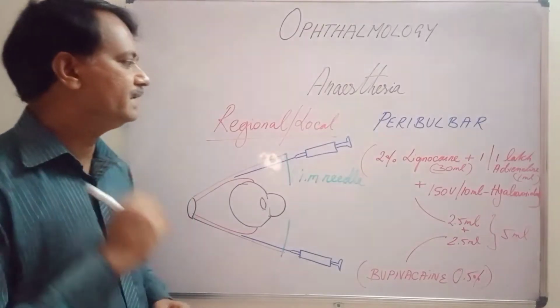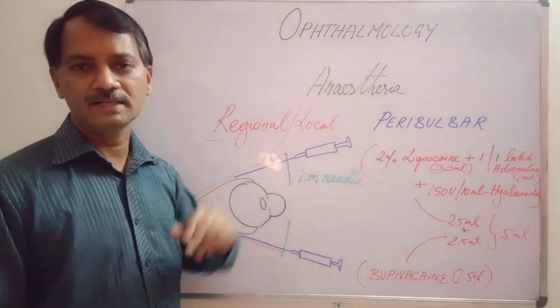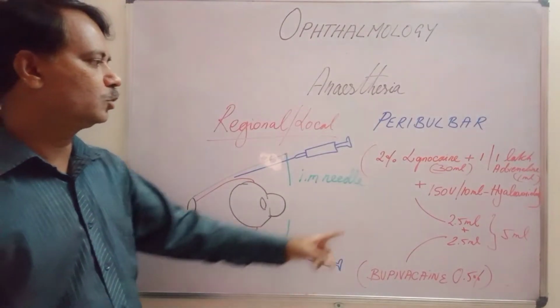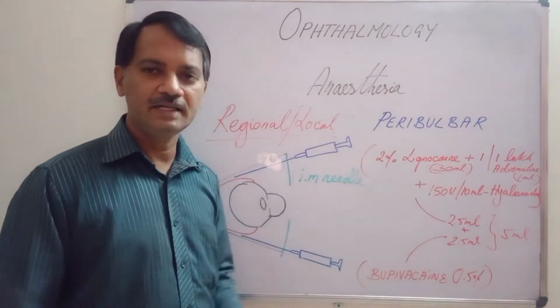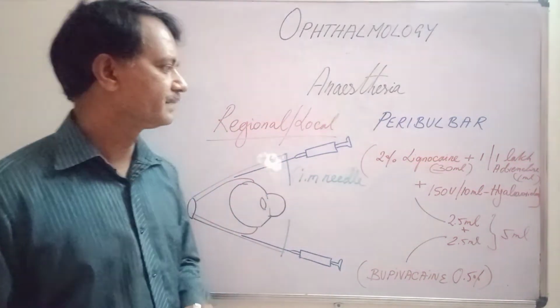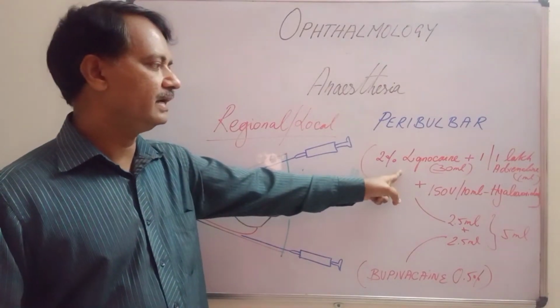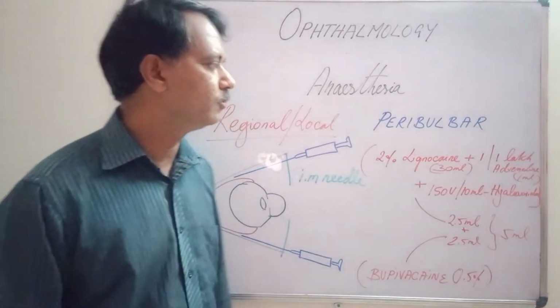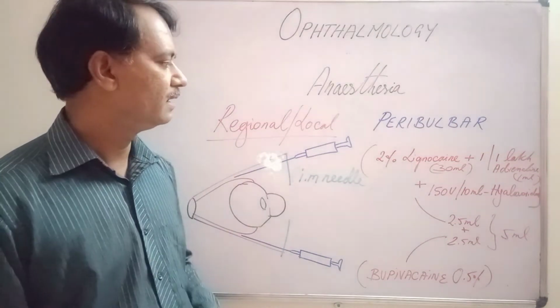What do we use for giving a peribulbar anesthesia? We use two drugs. One is 2% lignocaine, available in a 30 ml vial. Into that 30 ml of 2% lignocaine, we inject a 1 ml ampule of 1 in 1 lakh adrenaline.